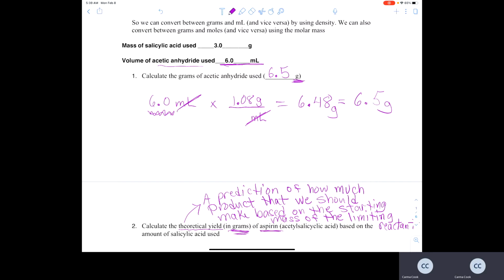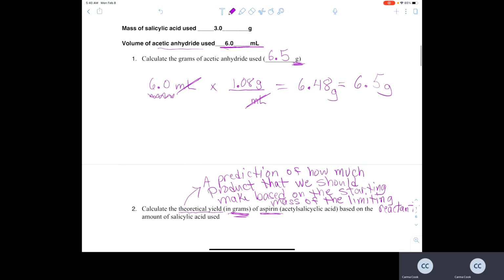Should we be producing 3 grams or 6.5 grams? Or something in the middle, or something less than 3, or something greater than 6.5. How much aspirin should we expect in a perfect world to produce based on the starting mass amounts of each reactant?